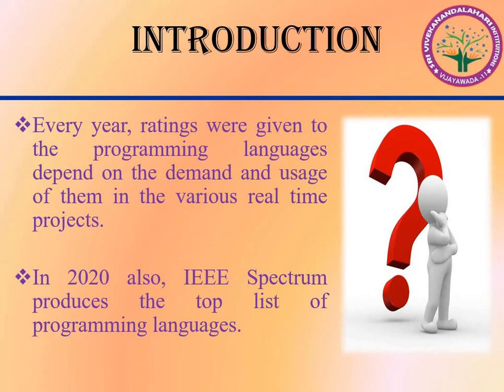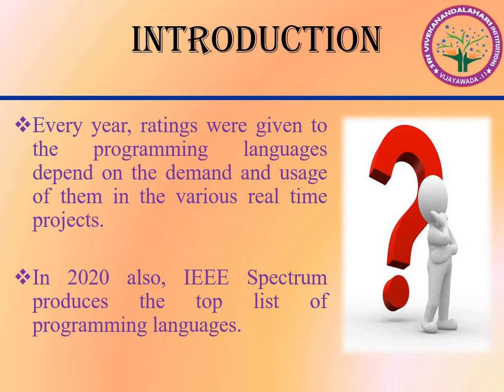Okay, before going to the main point, here I come with a small introduction and a brief description about what the ratings are, what the programming languages list is. So I will tell you. Coming to the point, every year ratings are given to programming languages depending upon their usage and also their demand in various real-time projects.